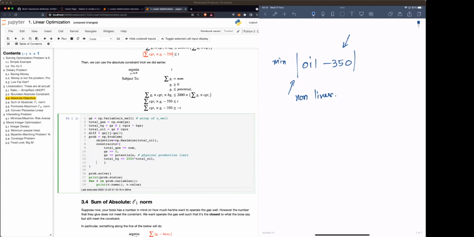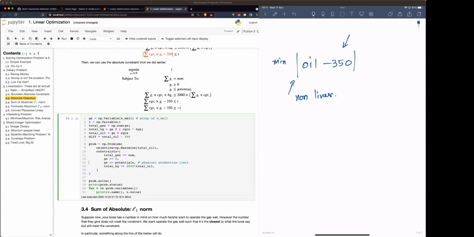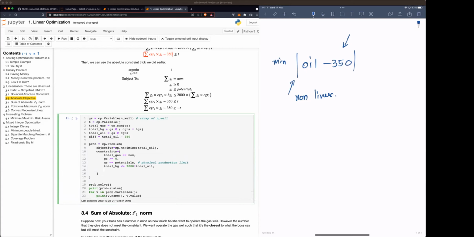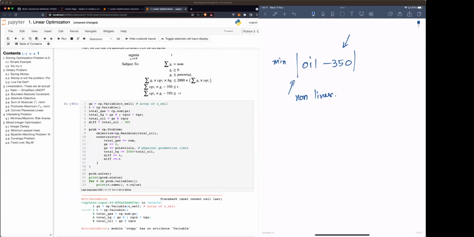We're going to introduce a new variable, p is cp.Variable. And then we're going to say that the difference is calculated by total oil minus 350. So we can just say that diff is p and diff is minus. And then you have it solved.